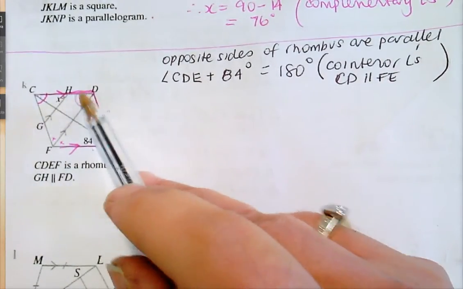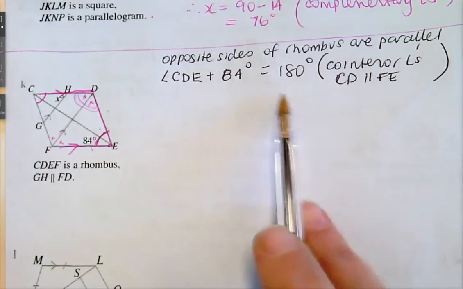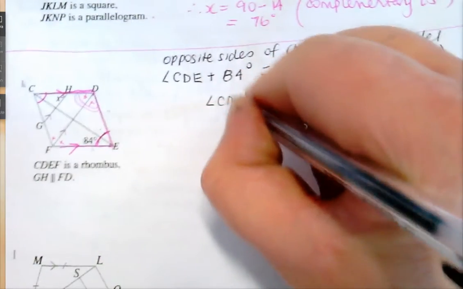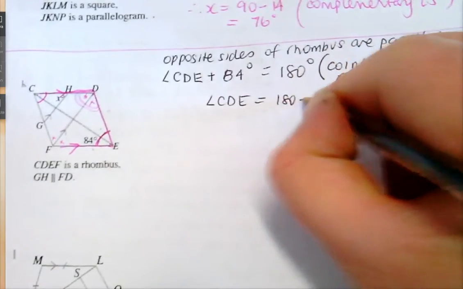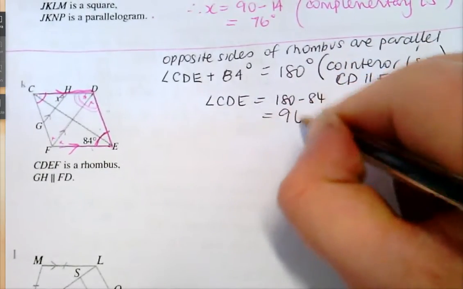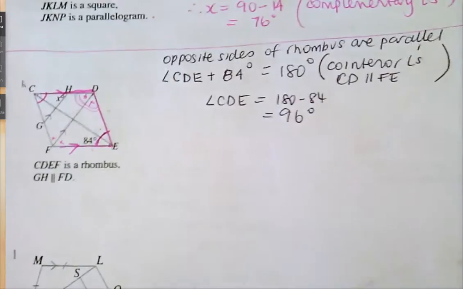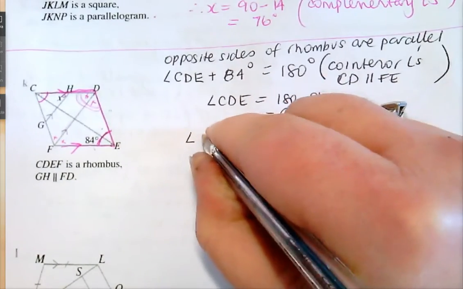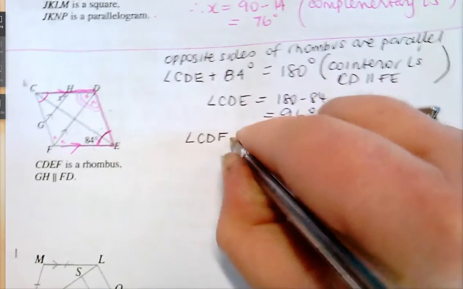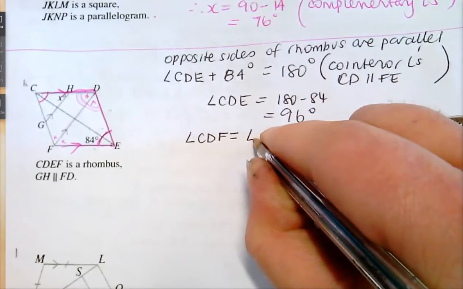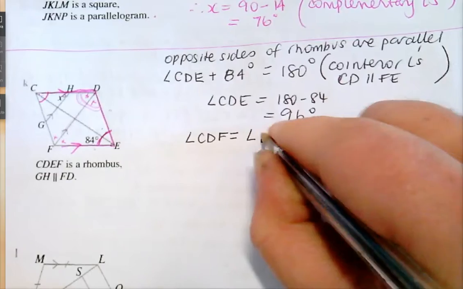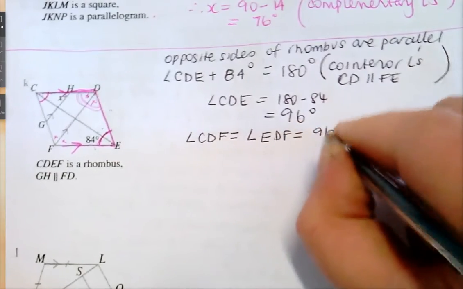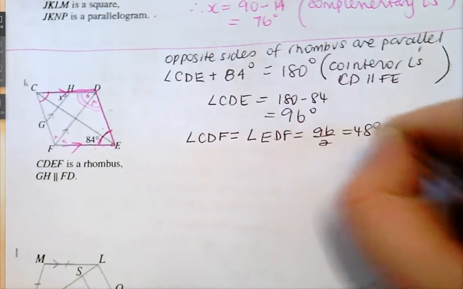So CDE, this angle in here, plus the 84 is equal to 180. Therefore, angle CDE is 180 minus 84, which is 96. Now, we know that DF bisects angle CDE. So angle CDF is equal to angle EDF, which is 96 divided by 2, which is 48 degrees.